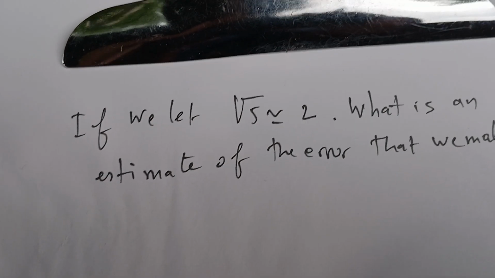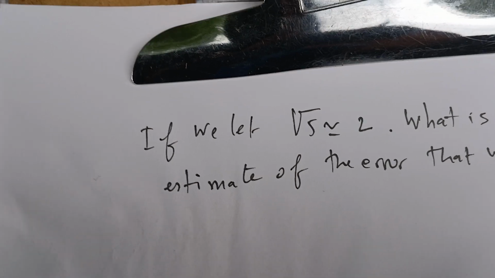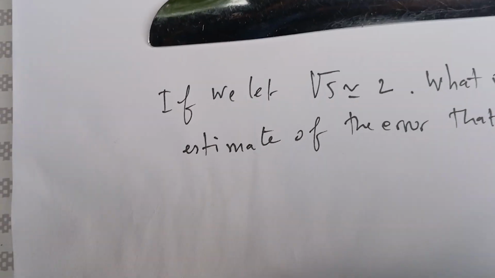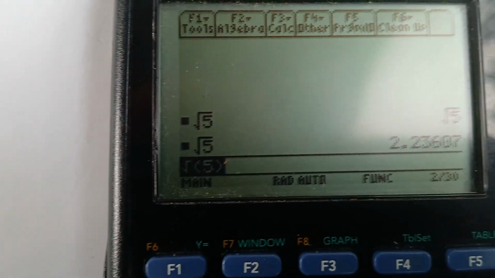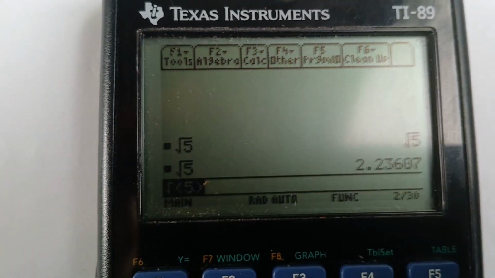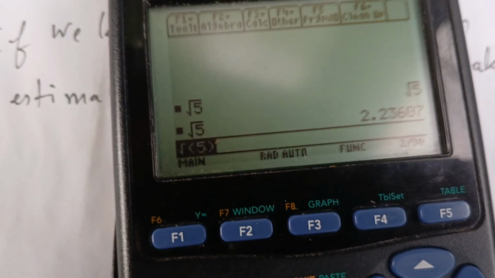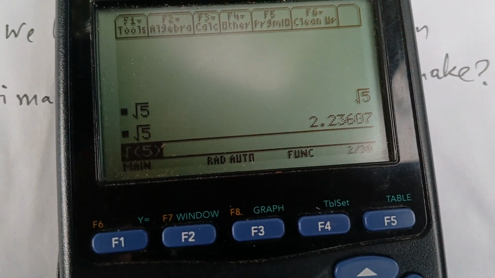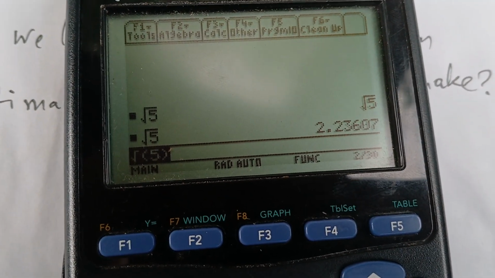If we try and see the calculator, like my calculator here, a TI-89, and get an estimate here, I see that the square root of 5 is 2.23.